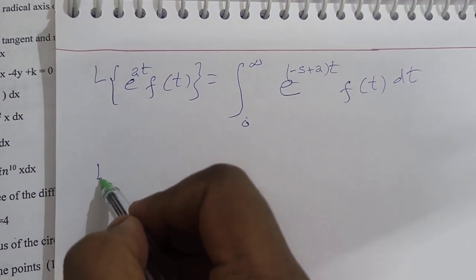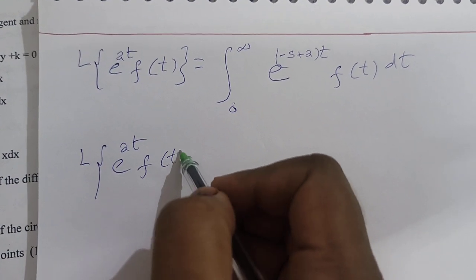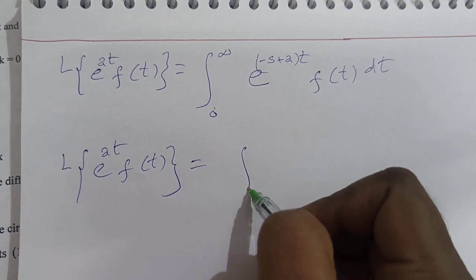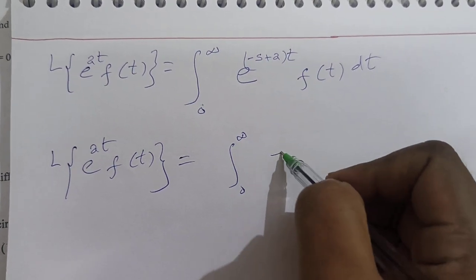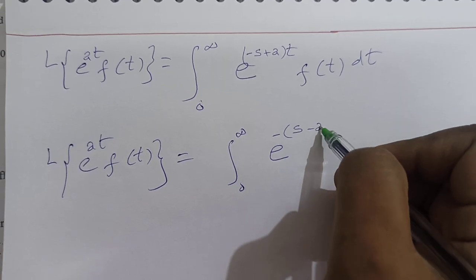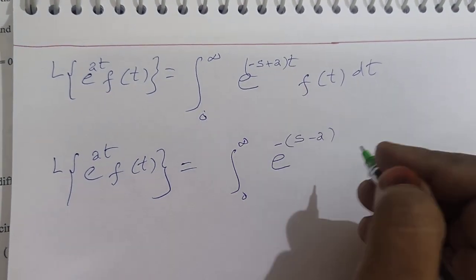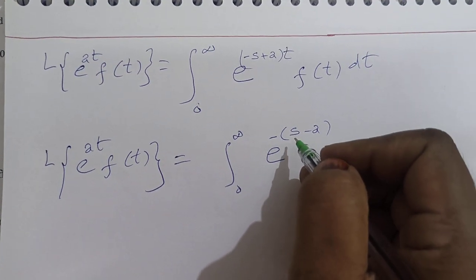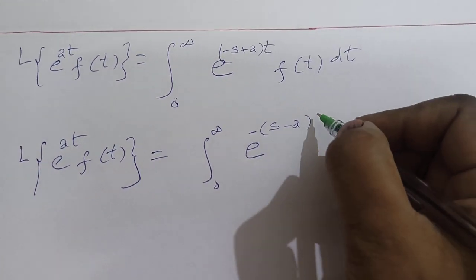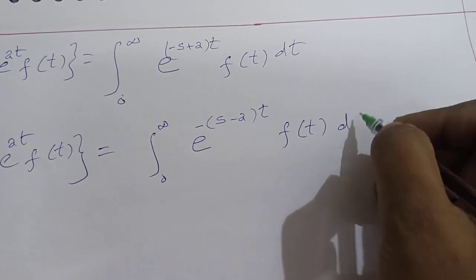We get L of e to the power of at into f of t is equal to integral 0 to infinity e to the power of minus of s minus a, since minus into minus a gives plus a, and minus into plus gives minus s. So we are taking this negative sign outside the bracket, into f of t dt.